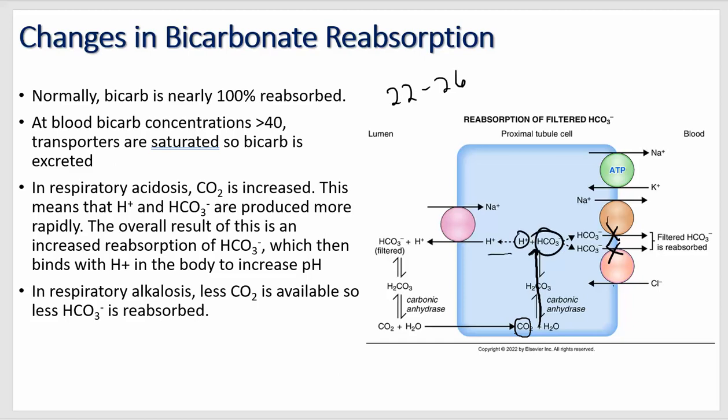So during acidosis, if we increase the rate of the reaction, we are going to be moving more bicarbonate in. This gives us some information. Earlier we said that during respiratory acidosis, the kidney is going to have to reabsorb more bicarbonate.